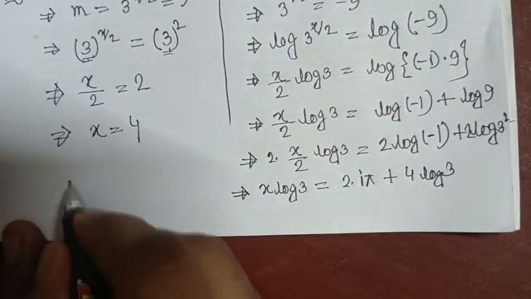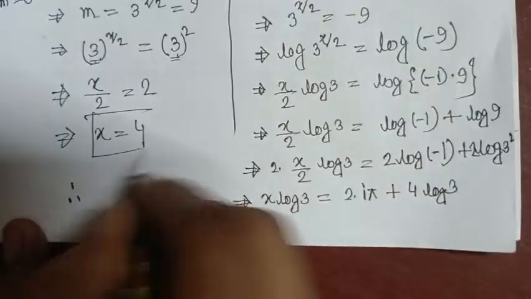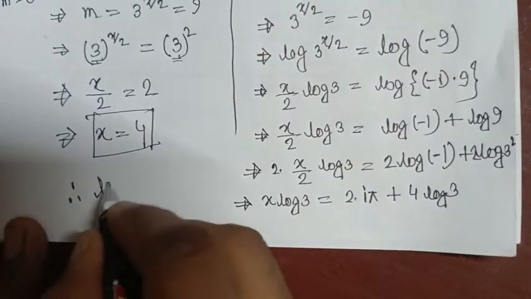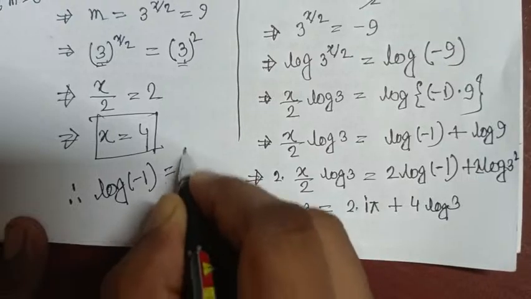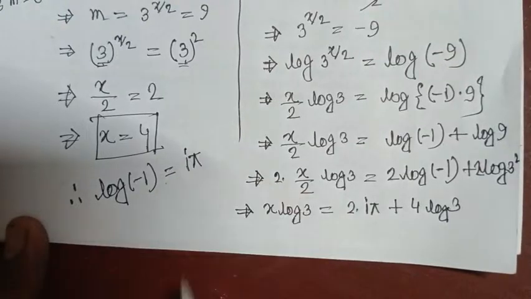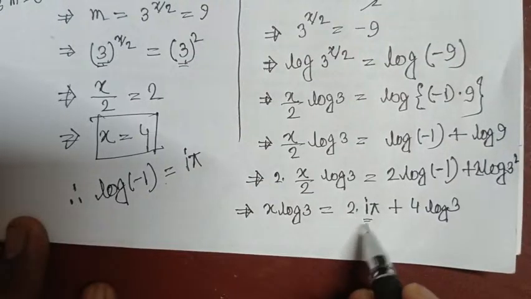Actually we know the value, in complex numbers, log of minus 1 equals i into pi. So we are putting here this value.